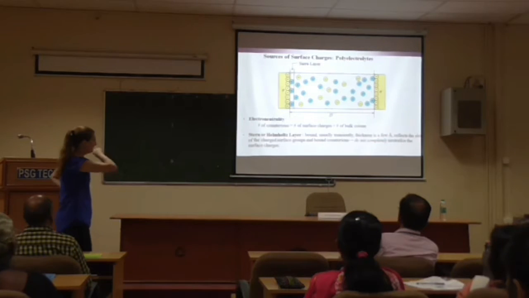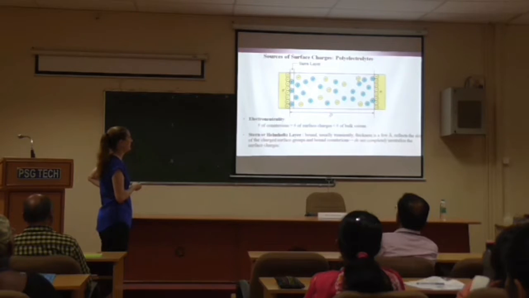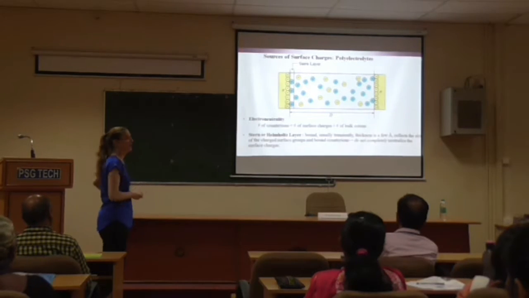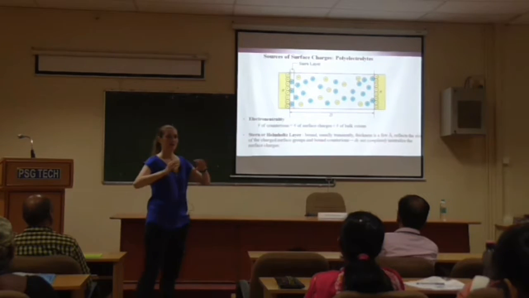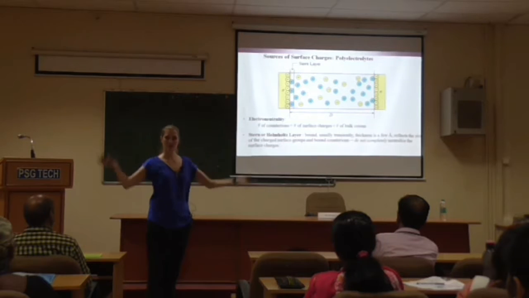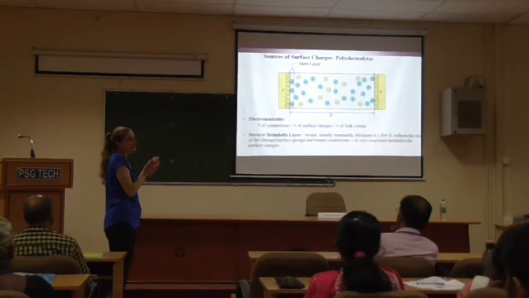What you end up having is initially you have the charges, and then some of the opposite ions are stuck on the surface. Ions are not points. They're not electrons, they're not tiny. They take up space. And so right up against the surface, you'll have what's called the Stern layer.